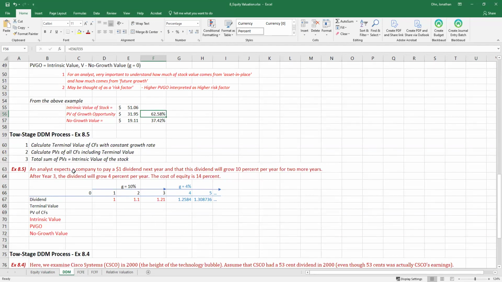For example, the question is: the expected dividend at the end of this year is $1. This dividend will grow 10% per year for 2 more years. After that, the dividend will grow 4% per year. And the cost of equity is 14%.